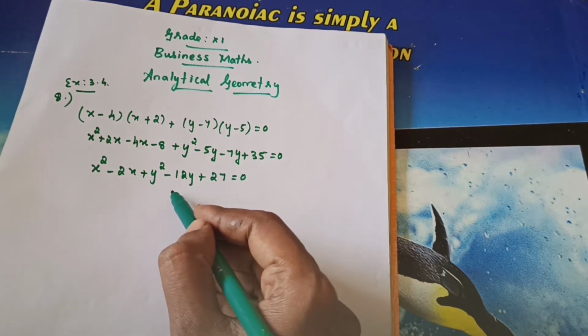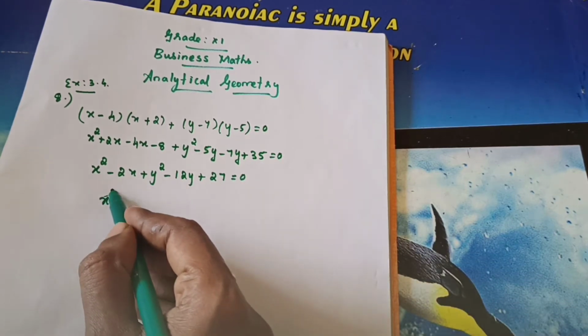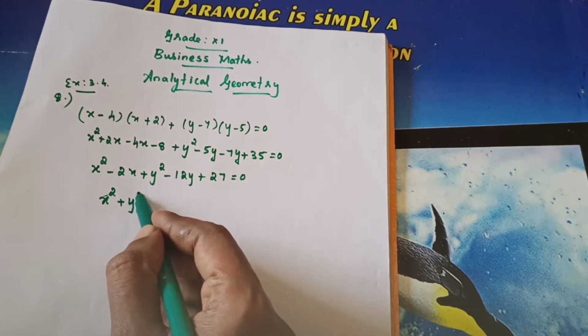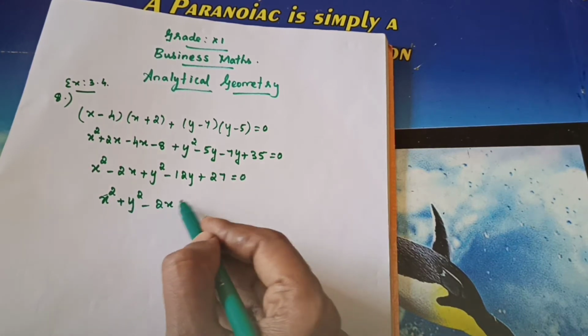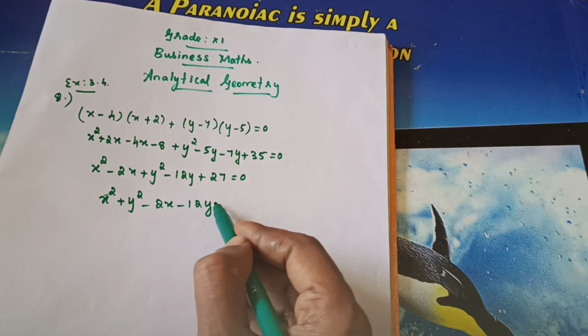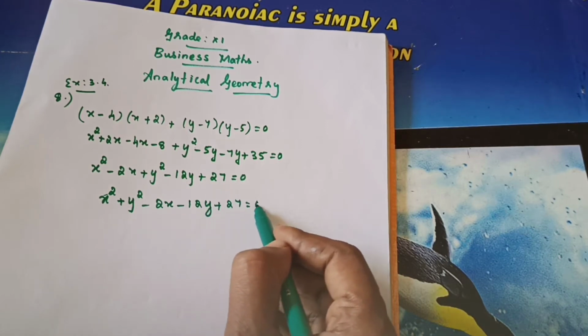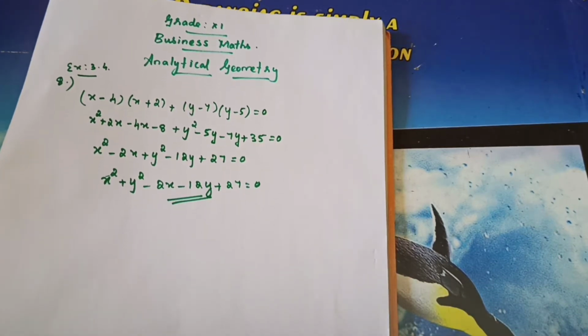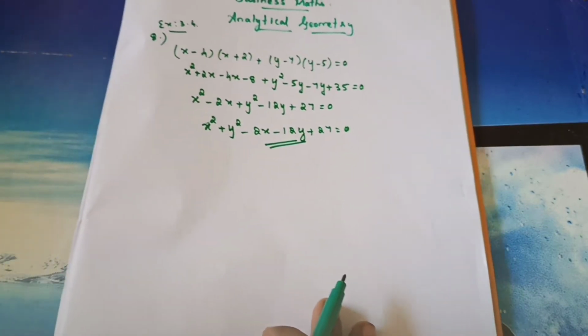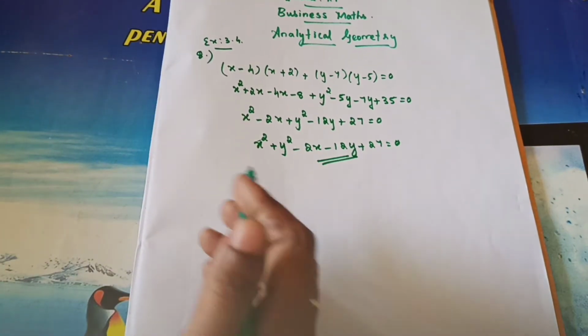This is an answer. Rearranging: x square plus y square minus 2x minus 12y plus 27 is equal to 0. This is the answer. Understand students? I hope you got it. Okay, let's move to the next problem.